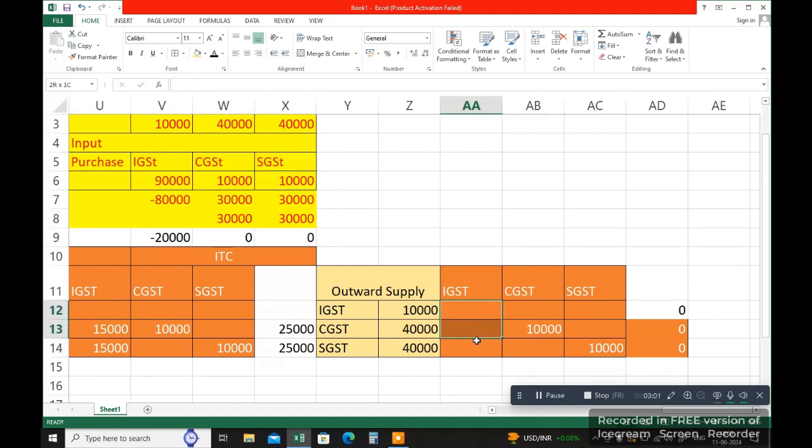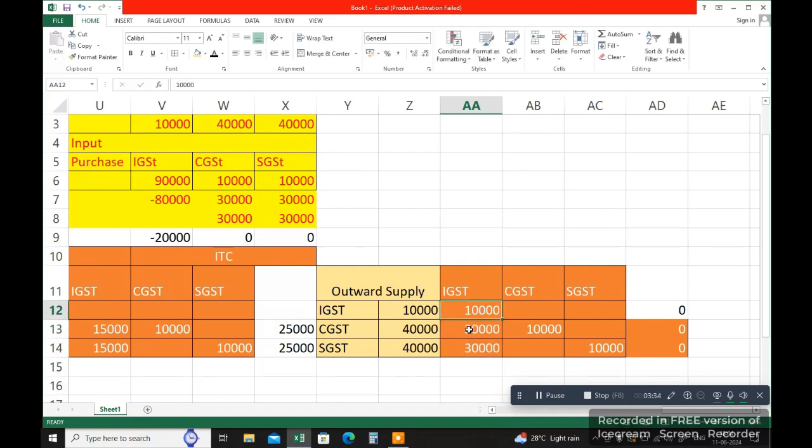Now come to the part of IGST calculation, adjustment. IGST, since this output is already there 10,000, out of 80,000, total input we have actually 90,000. Out of 80,000, I'll put 10,000 here, and this 10,000 input is already there. My output is 40,000. So I'll adjust what? 30,000 balance, I'll put it here, and again 30,000 balance, I'll put it here.